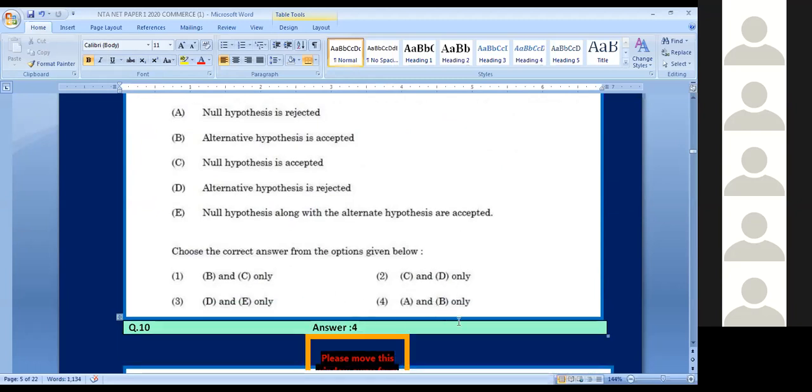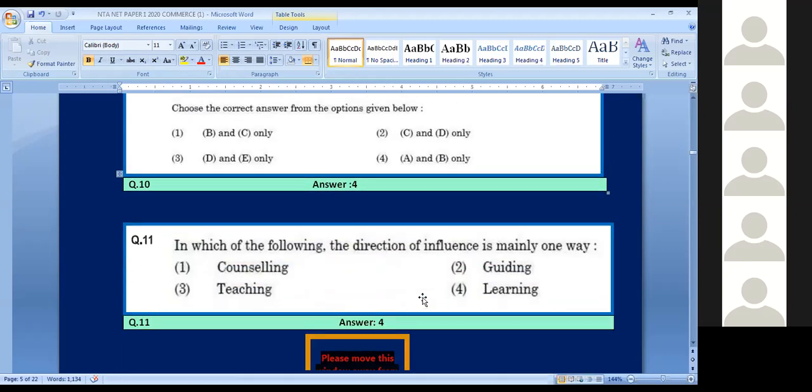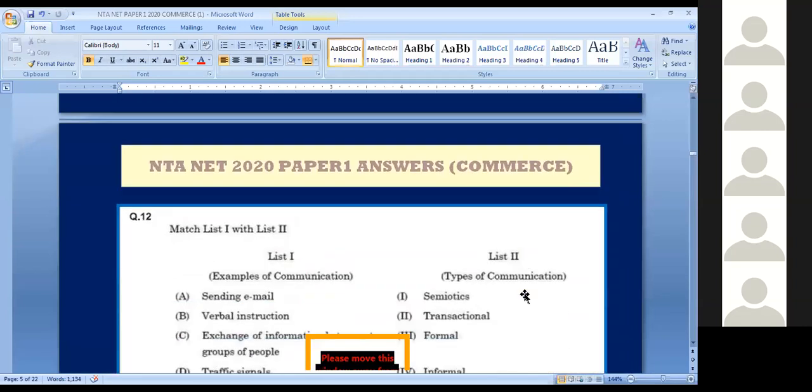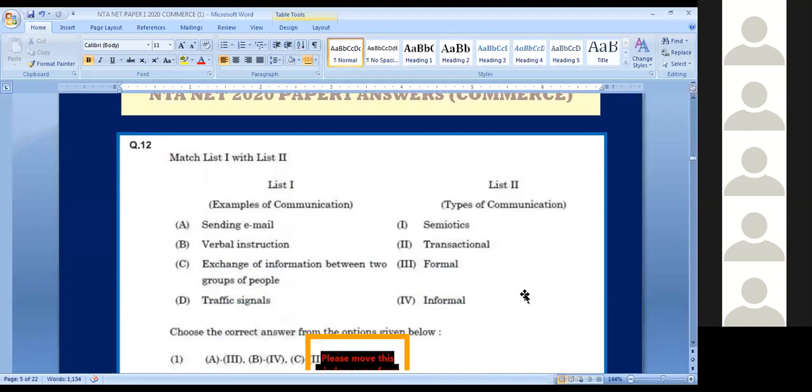A and B. Okay. Which of the following, the direction of influence is mainly one way. Okay, counseling is always 2-way, guidance is 2-way, teaching is a 2-way process, but learning is usually a 1-way process. Answer 4.